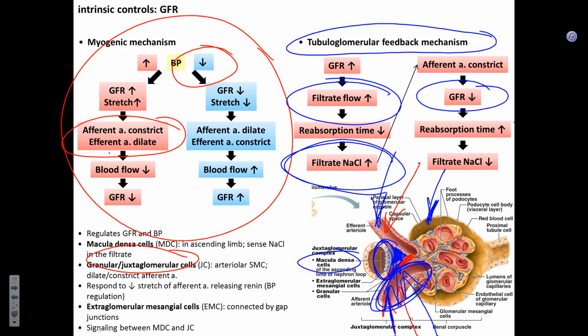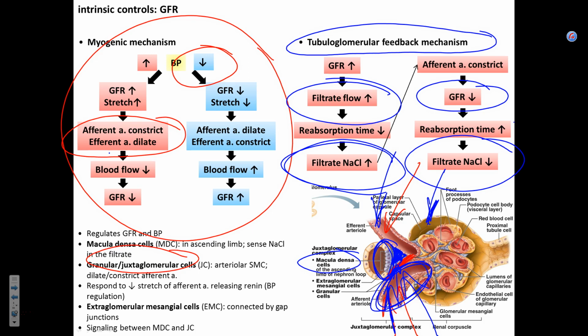The amount of filtrate goes down. The flow rate of filtrate goes down. Train runs slow, and those ions have more time to jump back into the blood. So reabsorption time increases, reabsorption increases, and less sodium chloride is now in the filtrate, which I think is pretty awesome.